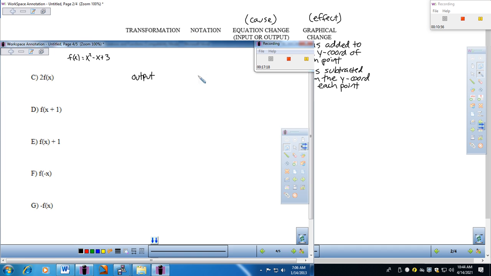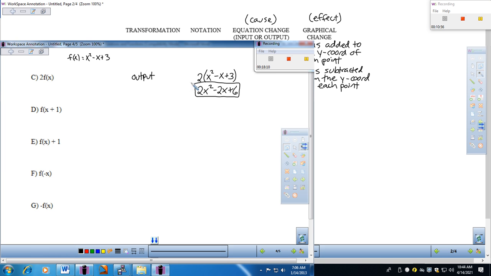That entire set of rules, squaring the input, subtracting the input, and adding 3, that entire function, gets multiplied by a factor of 2. I hope everyone sees that. 2f of x is 2 times the function. Cool. And let's distribute in: 2x squared minus 2x plus 6. Box it up, and that's great.